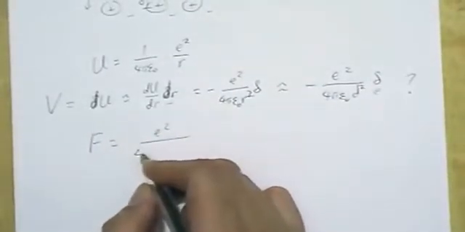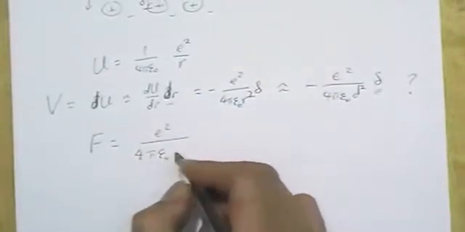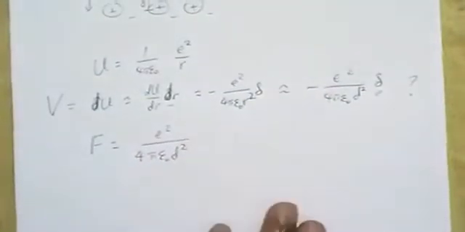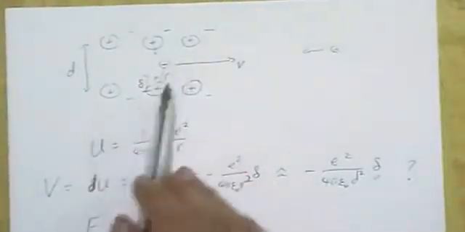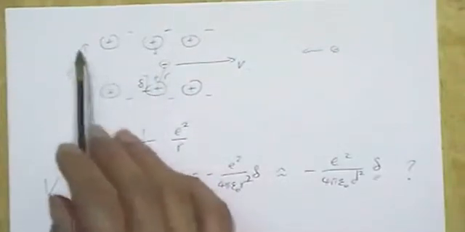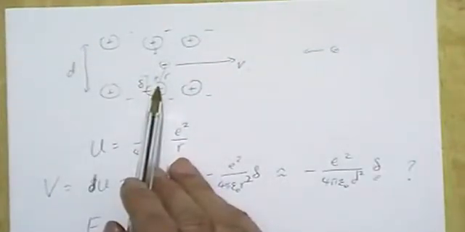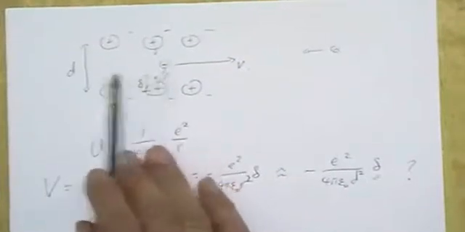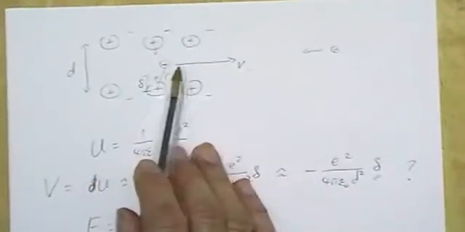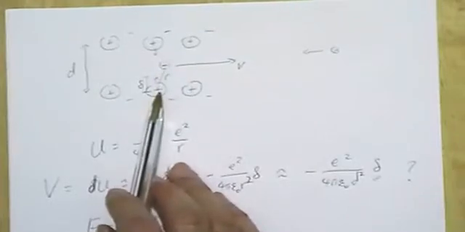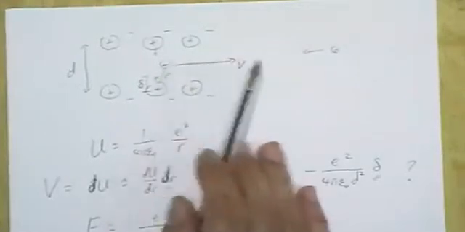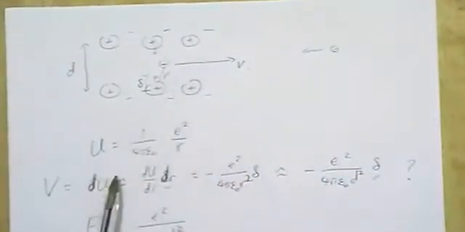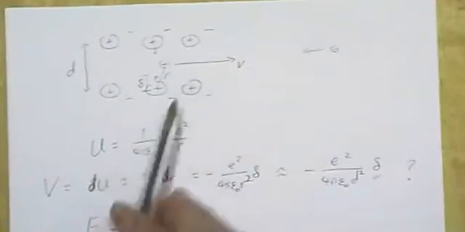F equals e squared over 4 pi epsilon naught d squared. Alright, when the electron is around here, its distance from the ion is of the order of d. Alright, the distance range within which it can attract this ion. As it moves further away, its attraction will be screened out by other electrons that move around it. Okay, so that's the force.